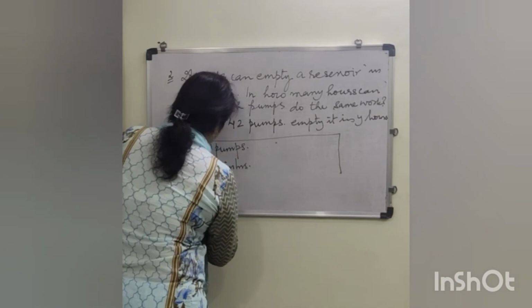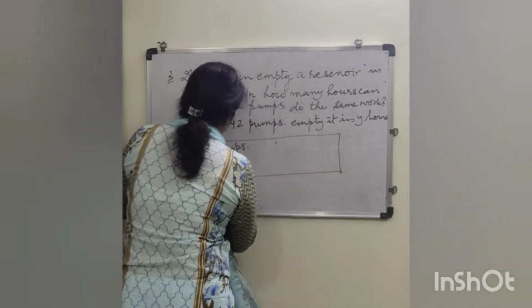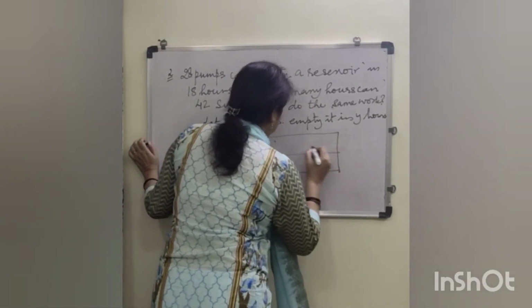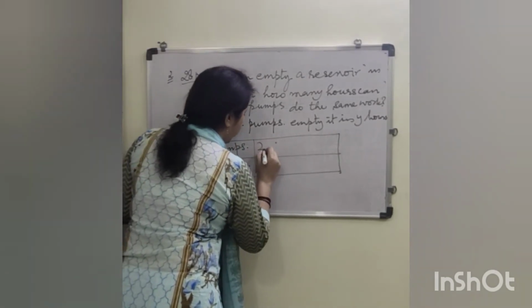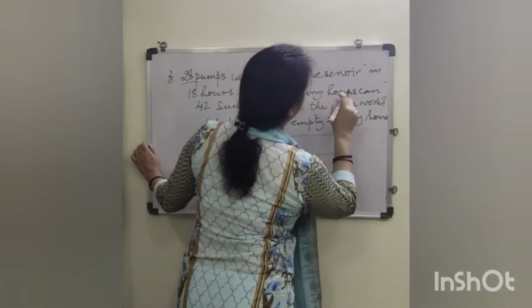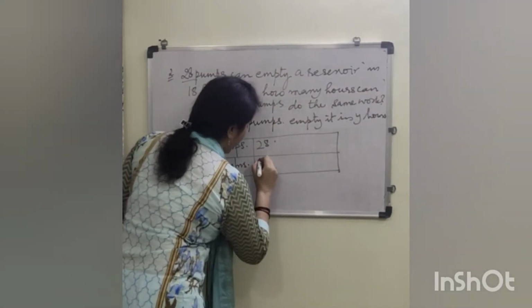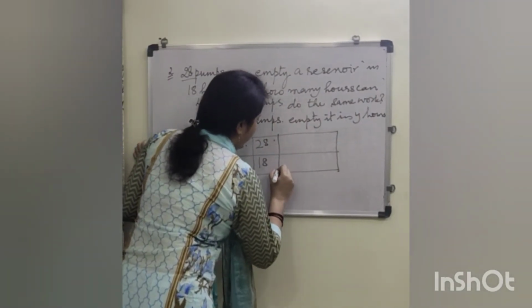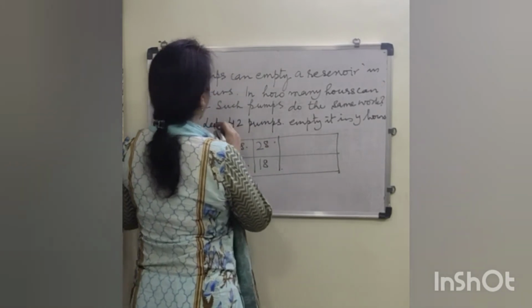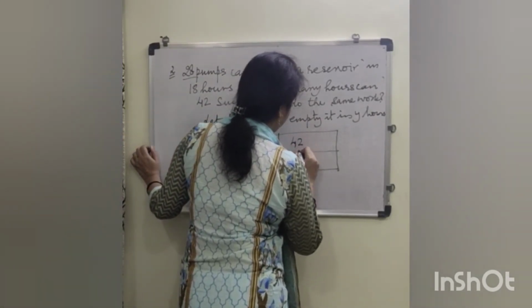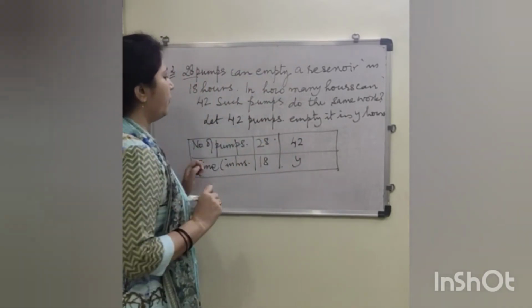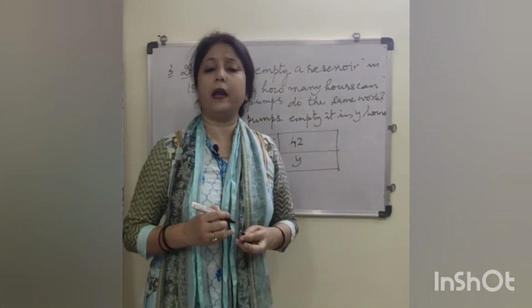Just see how they are working. We have 28 pumps which empty the reservoir in 18 hours. They have asked in how many hours 42 pumps will empty the reservoir. I have taken it as Y hours.